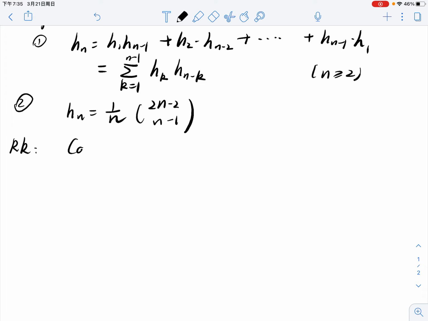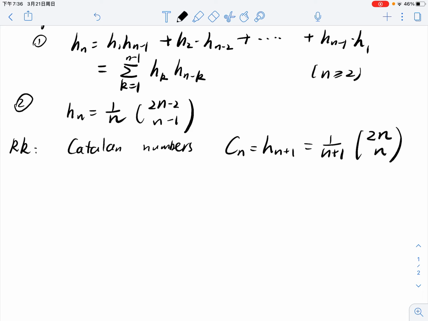But actually, the usual definition for the Catalan number needs a shift by 1. That is, the Catalan number Cn is actually hn plus 1, which is 1 over n plus 1 times 2n choose n. So this is a Catalan number.